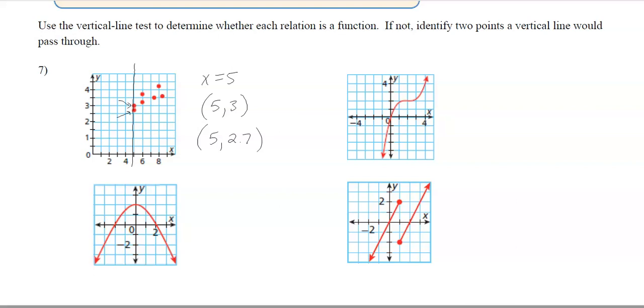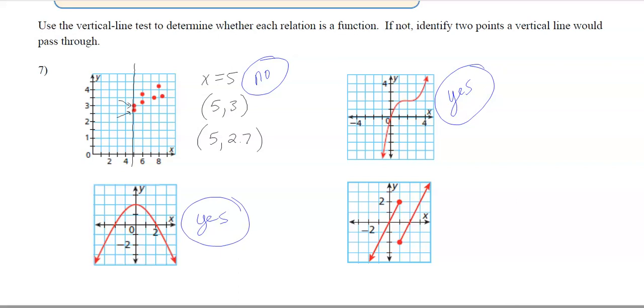Well, over here on the next chart, if we keep going and going, I don't see anywhere where we're going to have one x touch 2 different places. So I think this one is going to be yes, it is a function. This one over here was no. I think this one in the bottom left, yes, it is a function. I don't see any issues, nowhere where there's one x that goes to 2 y's.